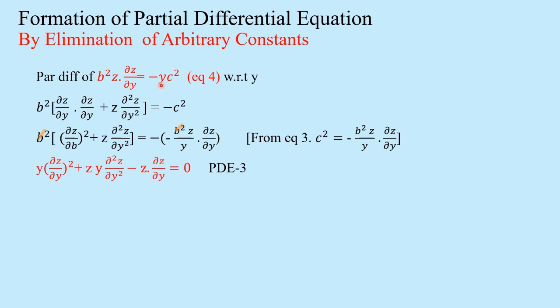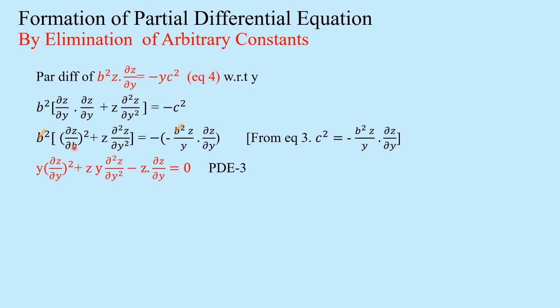We get this is equal to differentiation of y with respect to y is 1, so 1 into c square is c square. This minus can be kept here. Now the c square value we can put from equation 5. This is equation 5. From equation 5 we can get this. So substituting the value we get this.